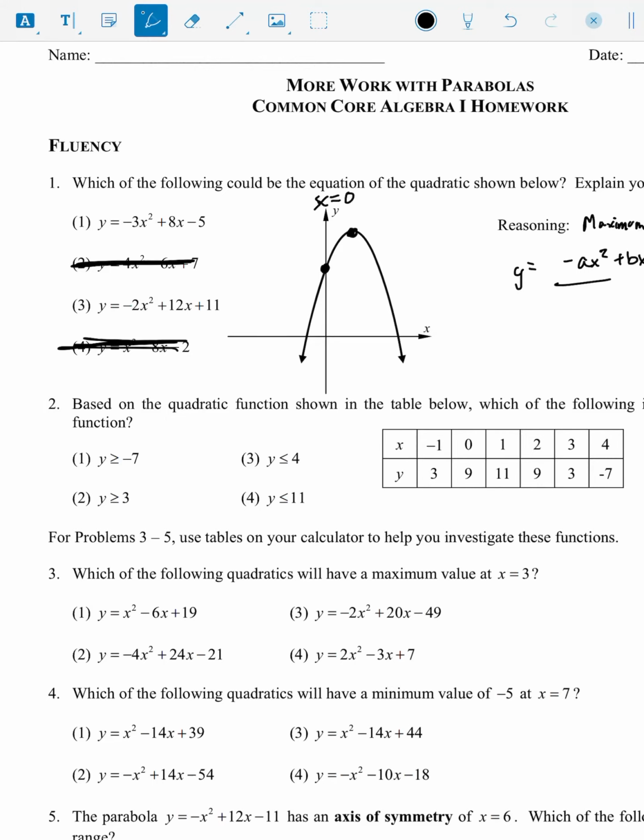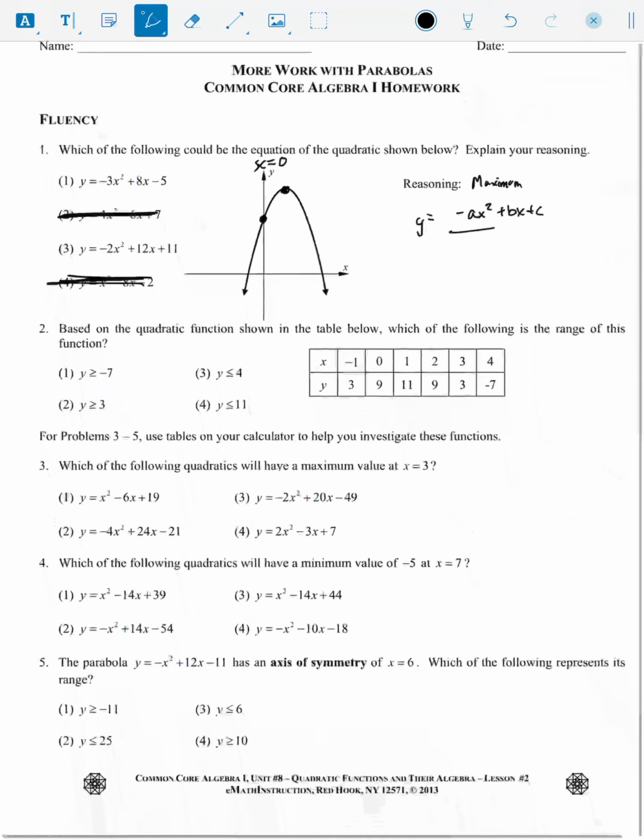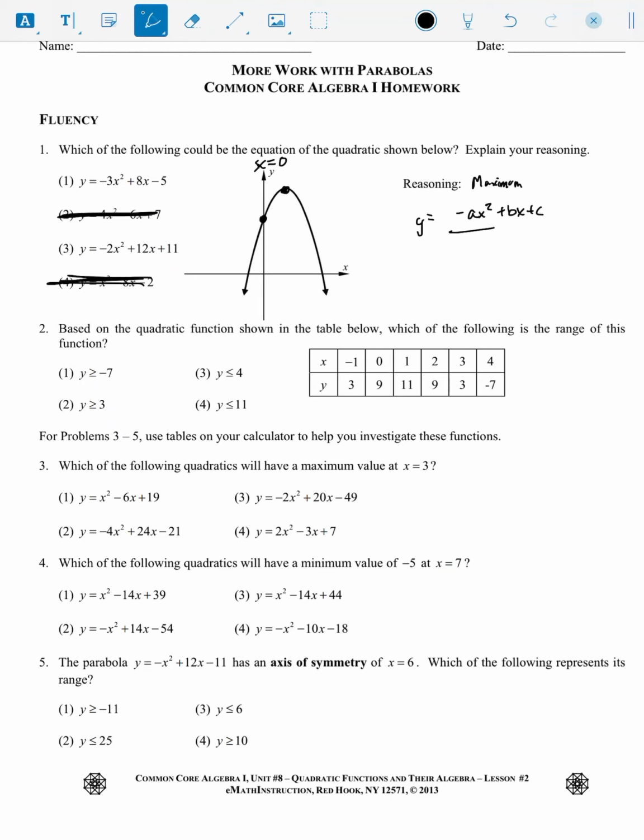And I know that I can substitute the value of 0 into my equations and find out what the y value is. Now, granted, I'll just substitute it in for choice 3 to show you that substituting a 0 in for x actually cancels out the first 2 terms and leaves you with your c term as your value of y.